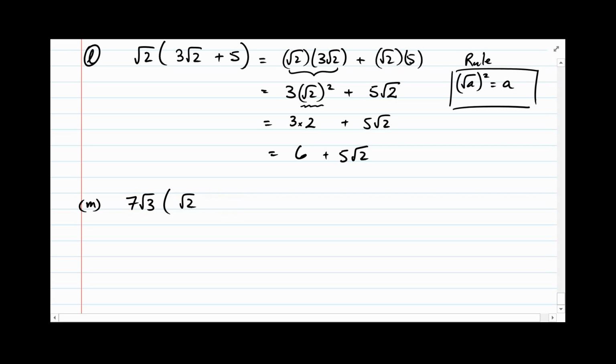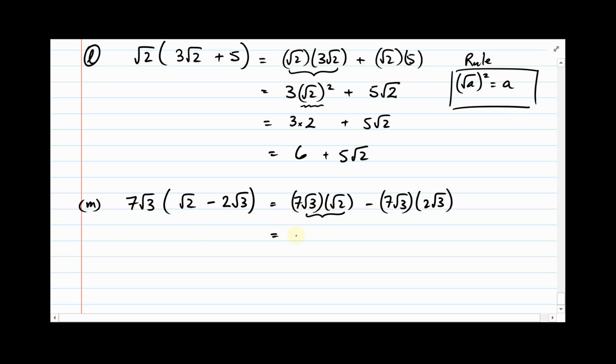Let's do some with the minus sign. Okay. All right. Again, distribute. So 7 root 3 times root 2 and 7 root 3 times 2 root 3. Okay.